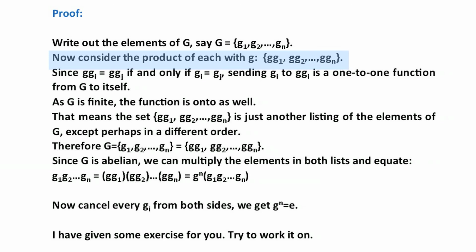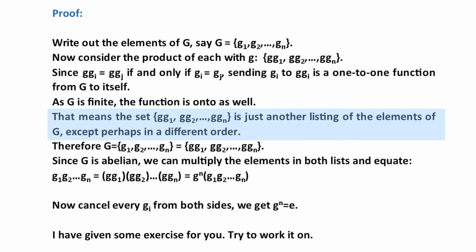Now consider the product of each with g, namely gg1, gg2 and so on to ggn. Since ggi is equivalent to ggj if and only if gi is equivalent to gj, sending gi to ggi is a one-to-one function from G to itself. As G is finite, the function is onto as well.